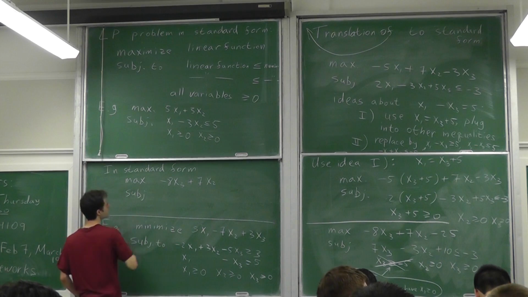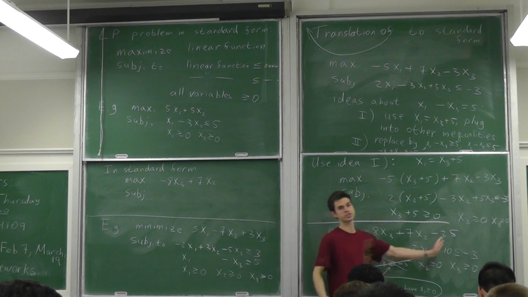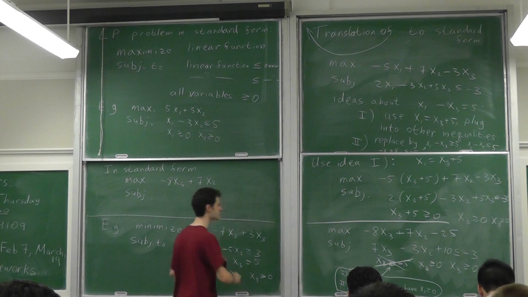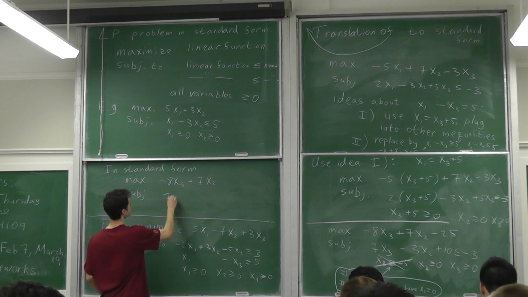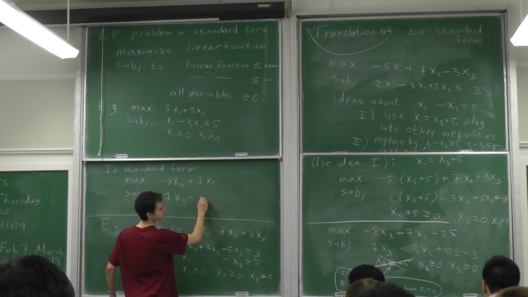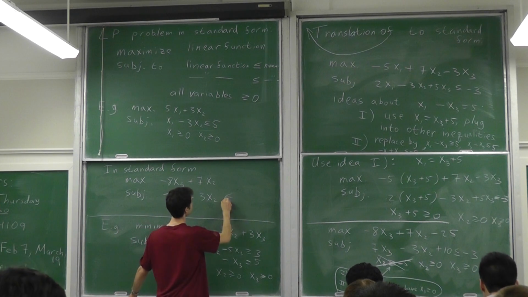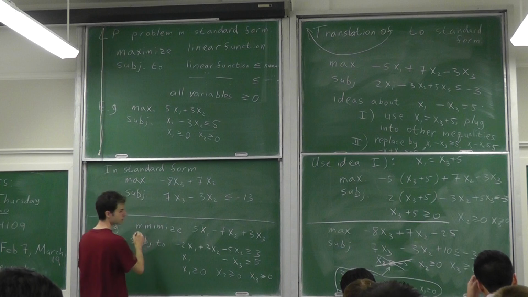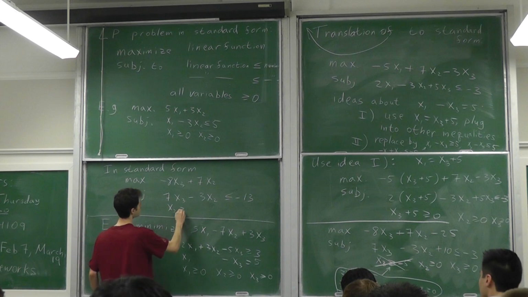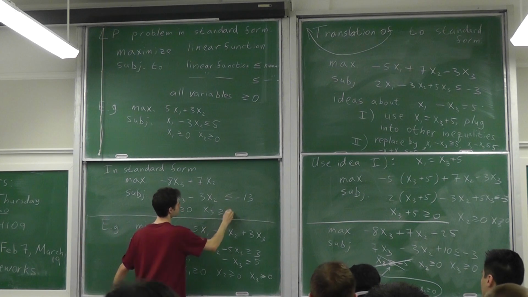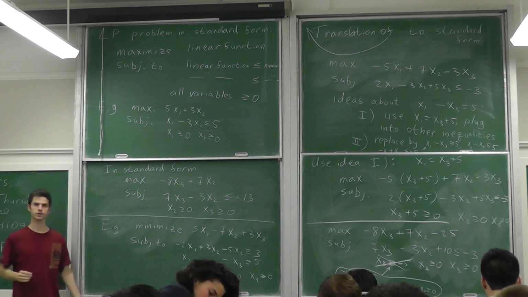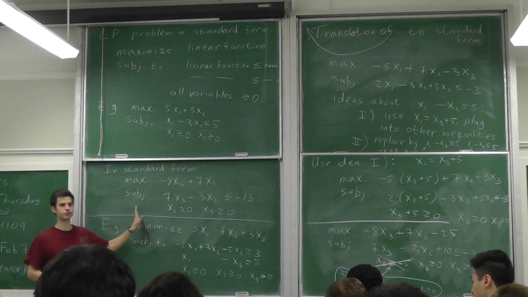Subject to, and indeed I want to move the constants to the side with the constants, 7x3 minus 3x2 smaller or equal to negative 13, x2 positive, x3 positive. Now it is in standard form.